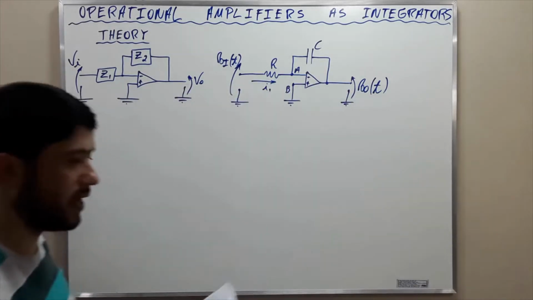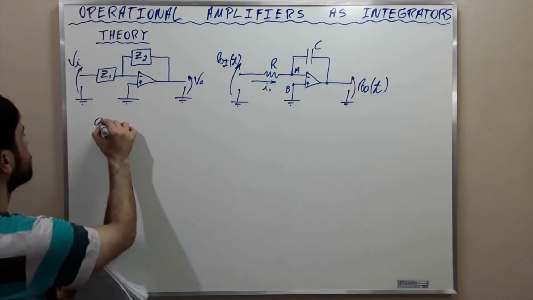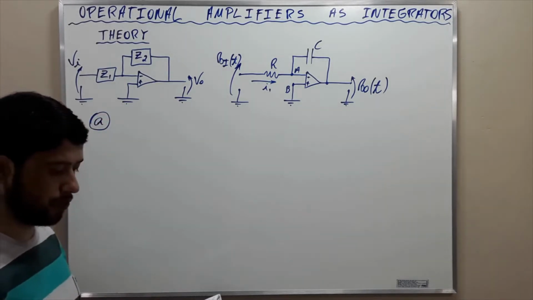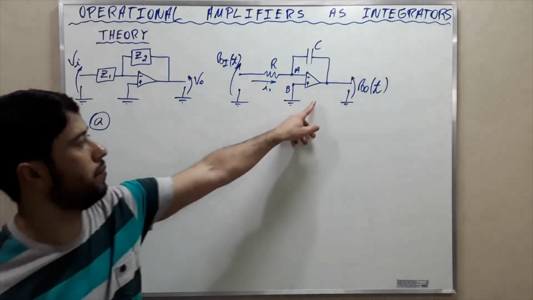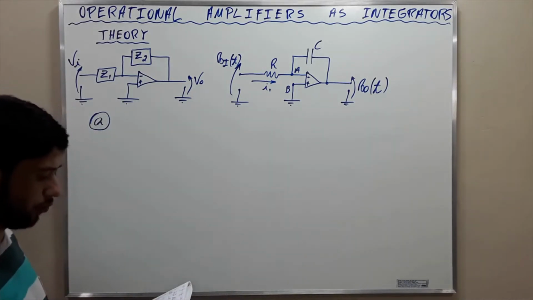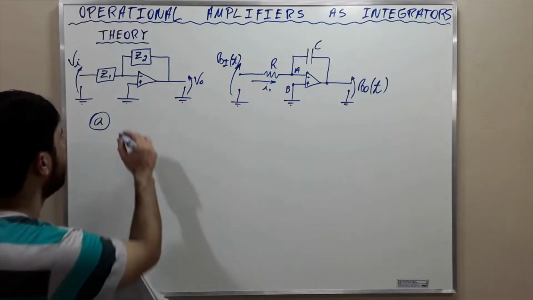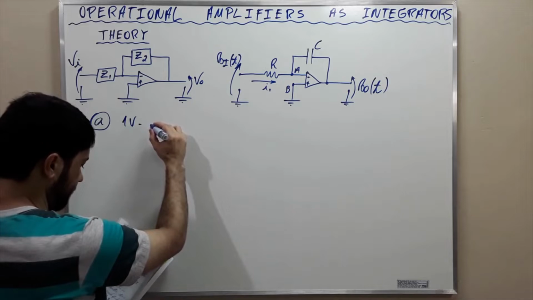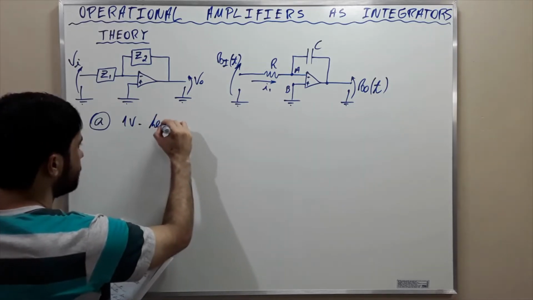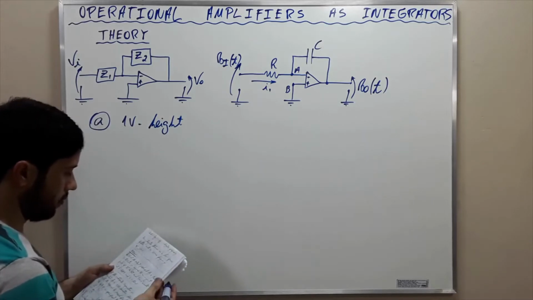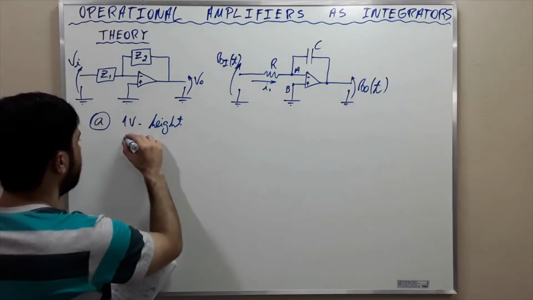The exercise, letter A, find the output produced by a Miller Integrator in response to an input pulse of 1 volt height and 1 millisecond width.